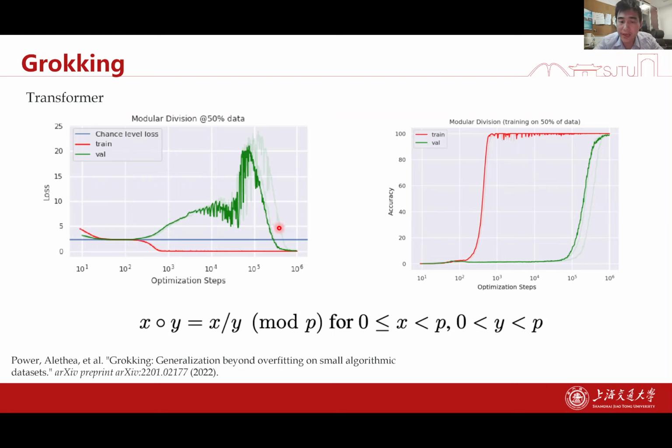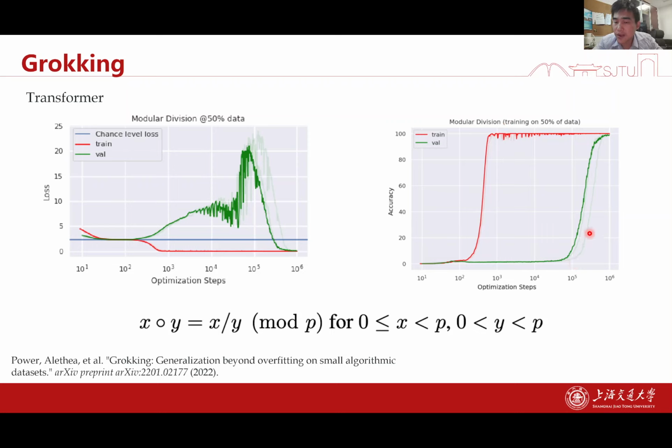If we take a look at the accuracy, we can see that the accuracy on training data will continue to increase. However, for the test data set or validation data set, it stays at a very low accuracy until some steps, after which the test accuracy achieves 100%.